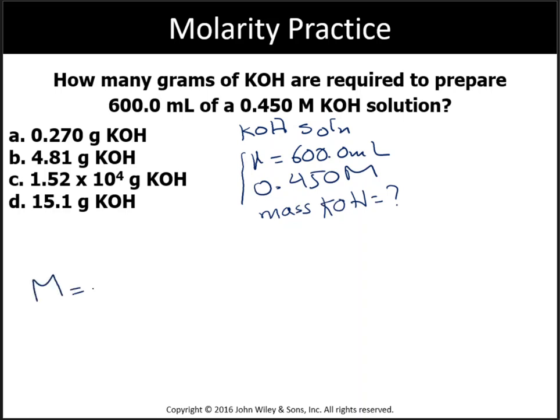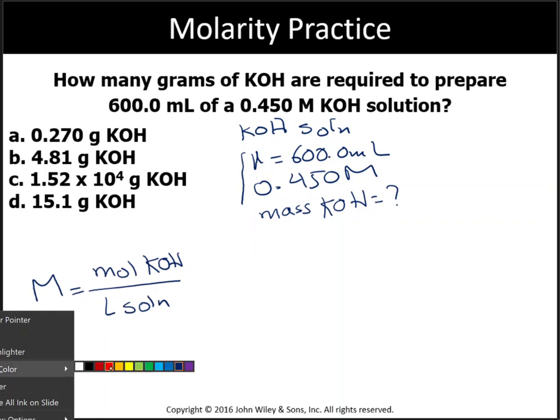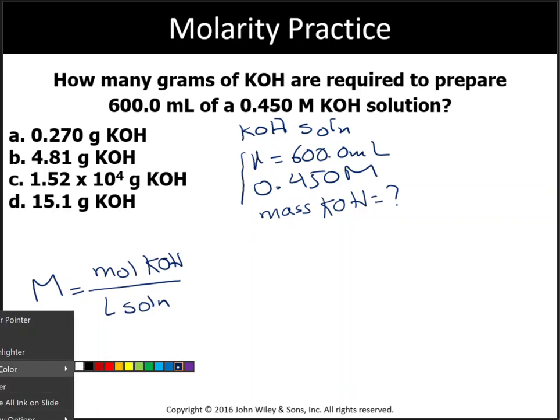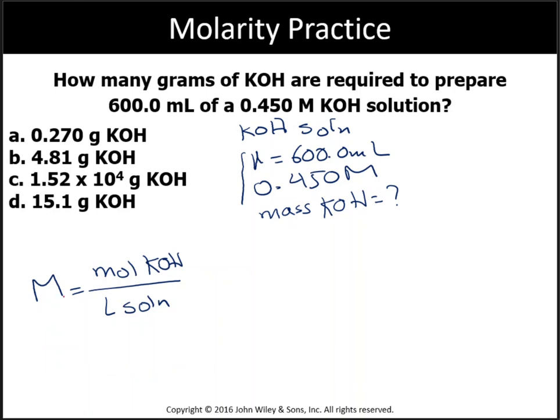Remember, molarity is moles of solute, which is potassium hydroxide, per liter of the solution. So from here, I can find the moles of potassium hydroxide. To find the moles, you just assume a 1 here, and you do a cross multiply. So molarity times liter of solution equals moles of potassium hydroxide.